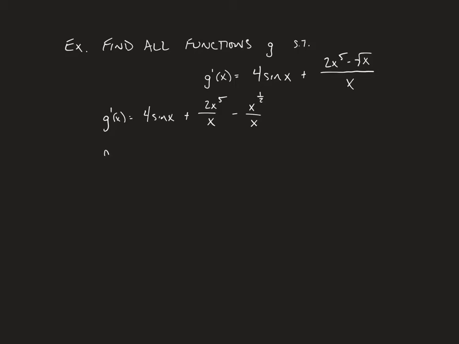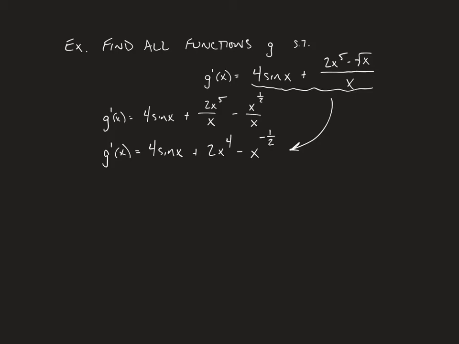That's the same thing as 4 sine of x plus 2x to the fourth, because 5 minus 1 is 4, minus x to the, and 1/2 minus 1 is going to be negative 1/2. So now you can see this is just a better way to look at this. I haven't calculated any antiderivatives or anything like that. I'm just rewriting g prime of x.